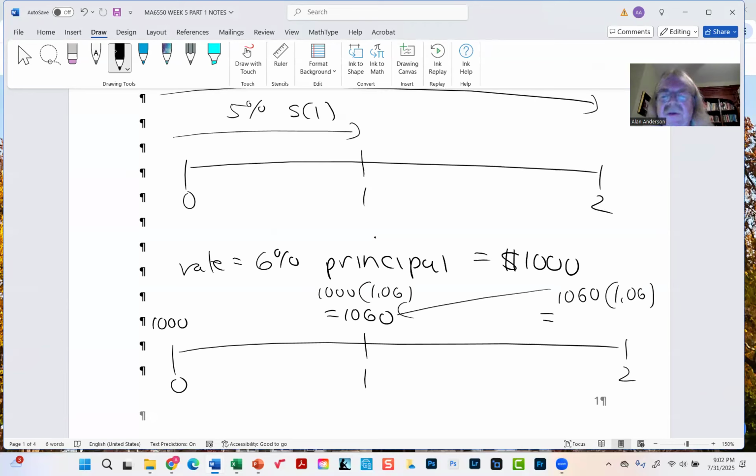In other words, we start with 1,000. At the end of the first year, we add another 6% to that 1,000 to bring us up to 1,060. In the second year, we're applying that 1.06 or 1 plus 6% to 1,060. So this time, the amount we end up with is 1,123.60.